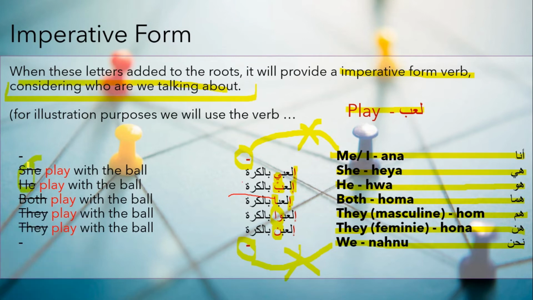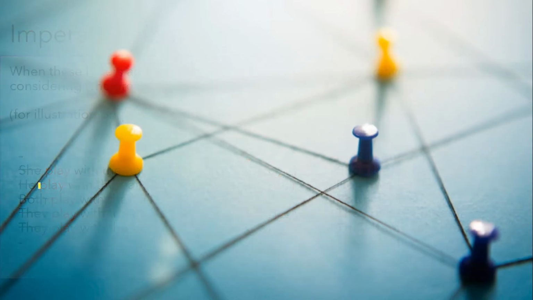It's only for teaching purposes. As you can see here in English language, we don't need to write she or he or both or they. We just start with the word play, and then we say whatever we want to say.